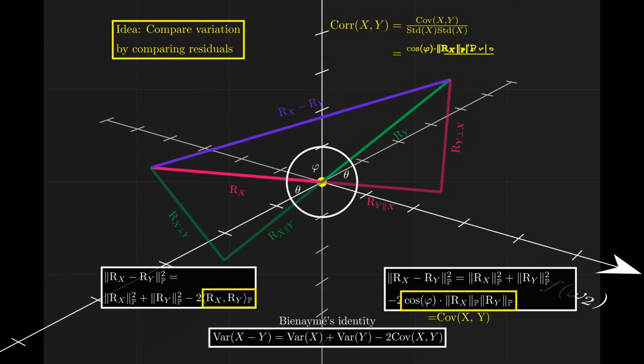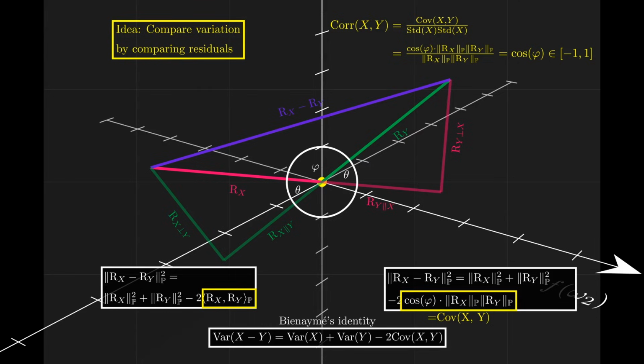And lastly, after having seen this formula for the covariance, the correlation follows trivially. If we recall the definition of correlation of x and y as covariance of x and y divided by the corresponding standard deviations, we can now plug in the formulas that we have found so far.